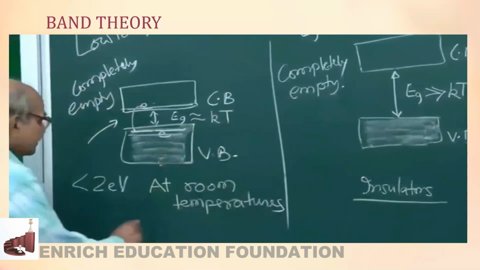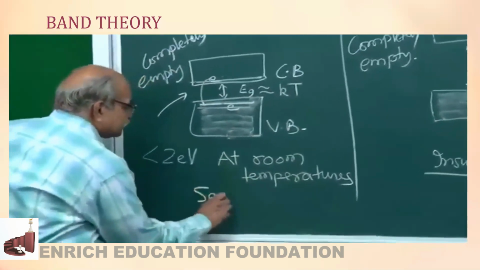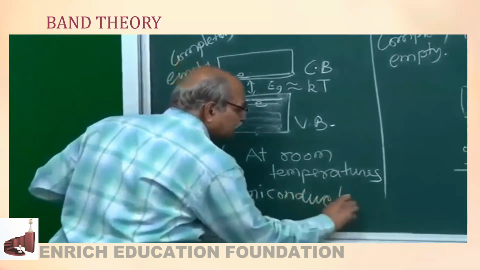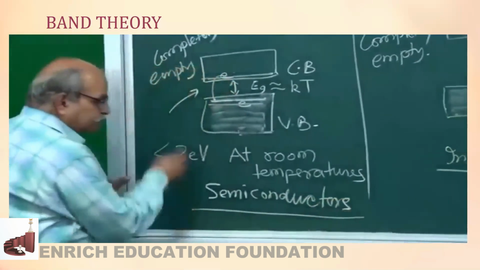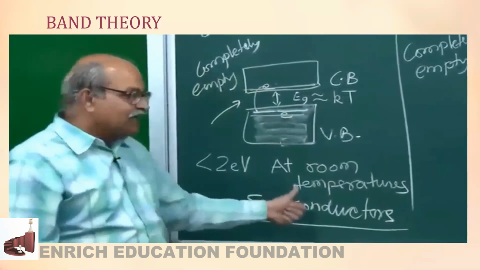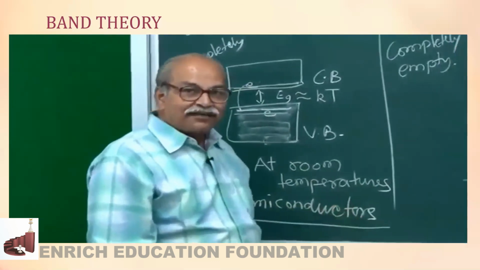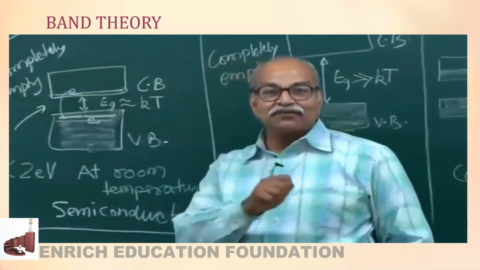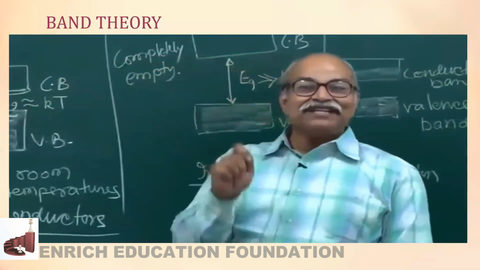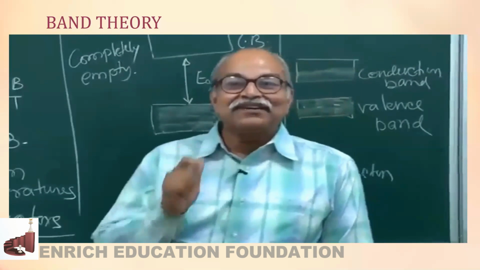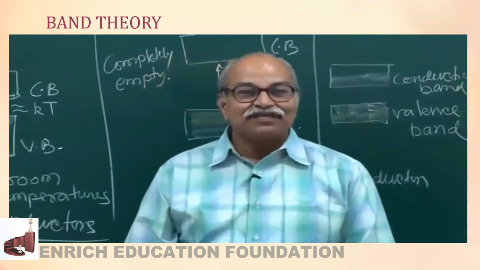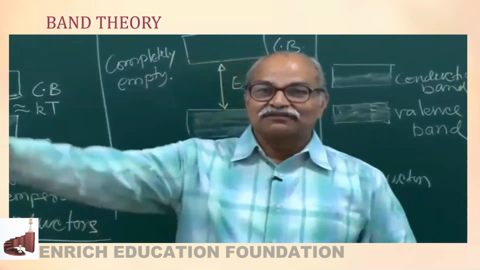That is why it is called a semiconductor. These kinds of materials are called semiconductors. And that is what we are going to focus on now. Z is equal to 11 I have talked about, Z is equal to 12 I have talked about, and Z is equal to 14 is silicon, which is the model semiconductor I will be using for further discussions.